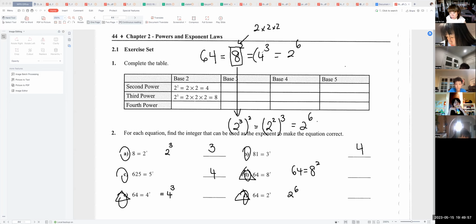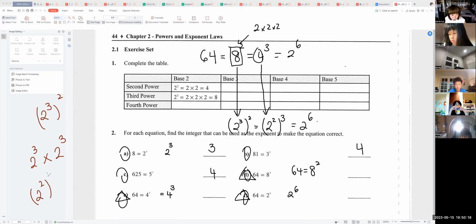Everybody, do you understand what I'm doing right now? Okay, Kelvin is nodding. Very good. So 2 to the power 3 squared means I square these two things, right? So it's 2 to the power 3 times 2 to the power 3, correct? And 2 to the power 2 cubed means I have 3 of these multiplied: 2 to the power 2 times 2 to the power 2 times 2 to the power 2.